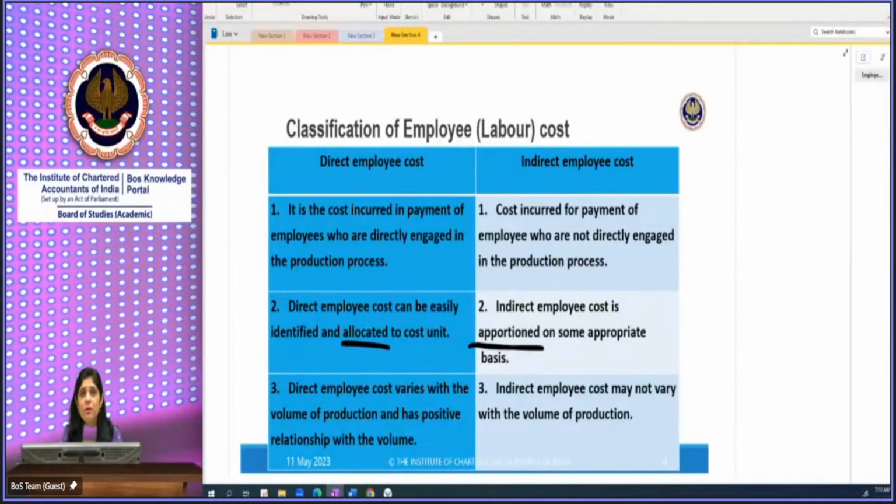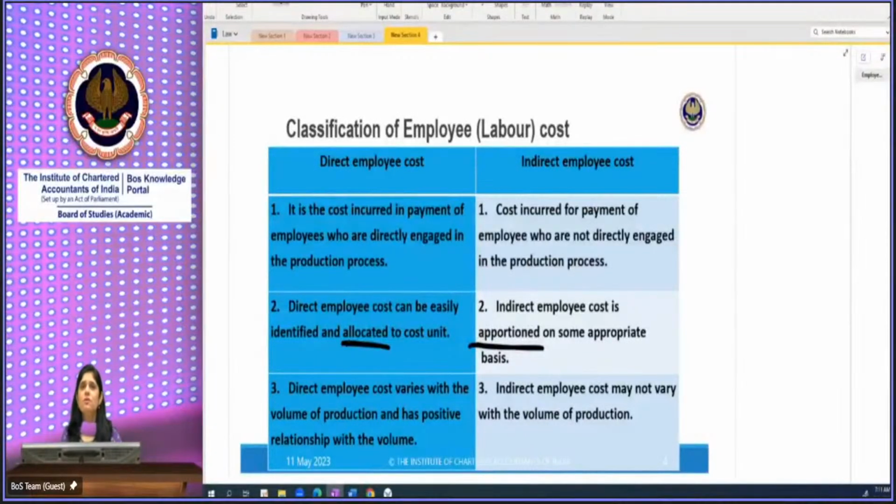If you are producing more, you need more workers, so direct labor cost will increase. Indirect labor cost will not increase in the same proportion in which you increase the production. So for 1000 units or 1200 units, the supervisor is getting the same salary.